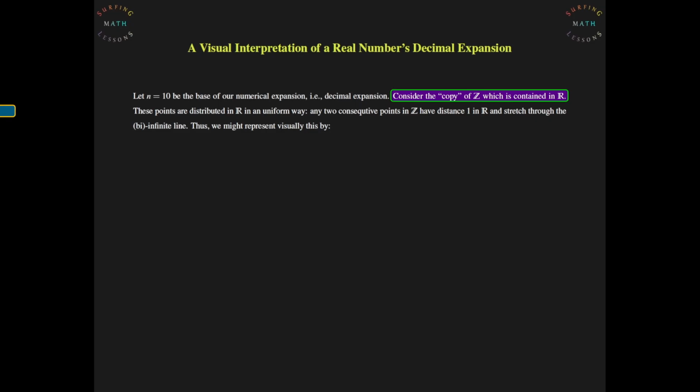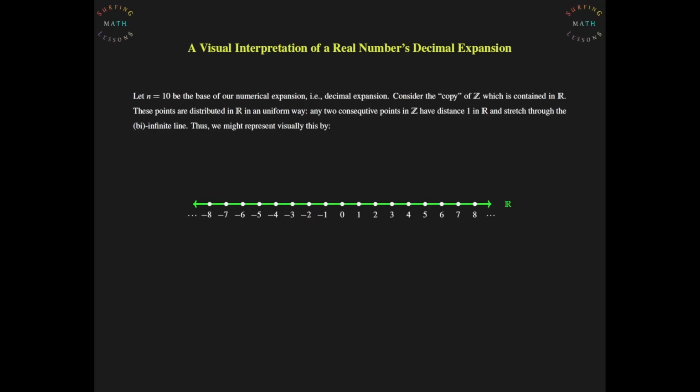Integers are distributed uniformly in the reals. That is, any consecutive pair of integers lie at distance 1 from each other in the real number system. Hence, we can take our standard representation of the real numbers as a straight line and refine it by tagging all integers in it.